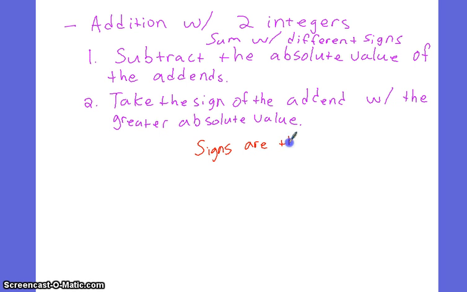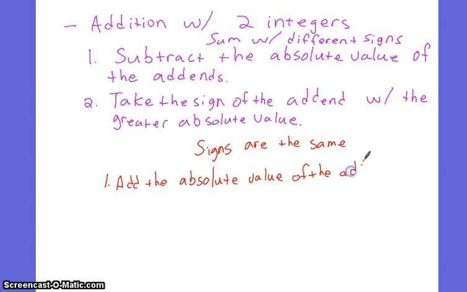Now, when the signs are the same, I'm going to change my color. When the signs are the same, we have to do something a little bit different. We're going to add the absolute values of the addends. So step one, add the absolute value of the addends. And then we are going to take the sign of the addends.